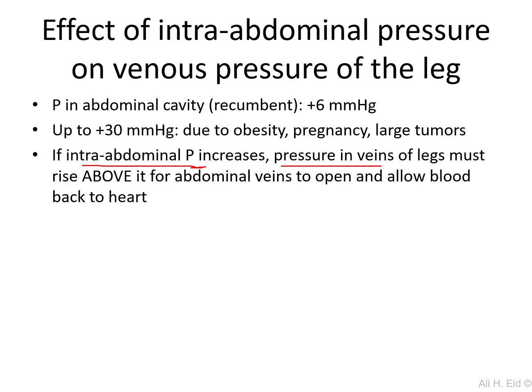So the pressure in the veins of the legs themselves must rise above that in the abdominal veins, so that blood can come back from the legs going upwards and back into the heart. In other words, if in the abdomen we have higher pressure, you wouldn't be able to let the blood in the veins go up to the heart.